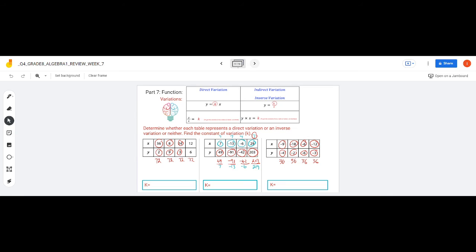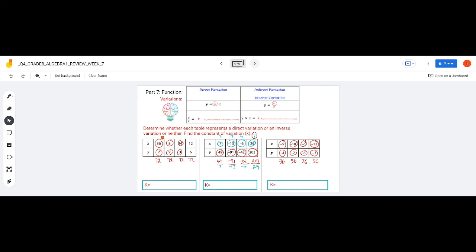Right, and of course you can see I've basically done the same with the first table. So for direct, y divided by x. So this is my y, this is my x. So y divided by x.